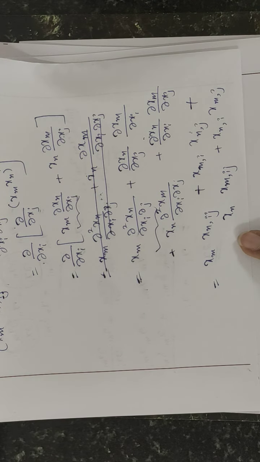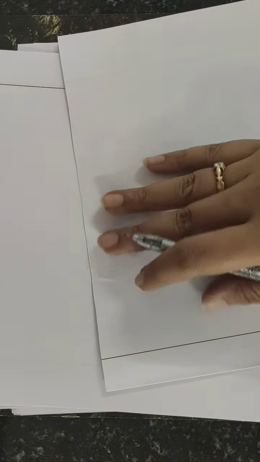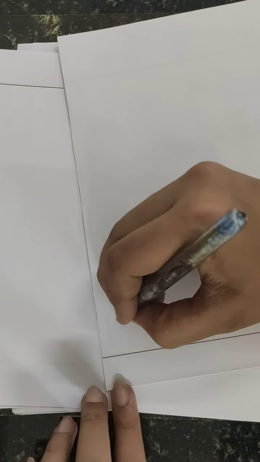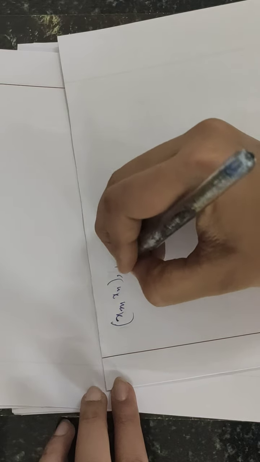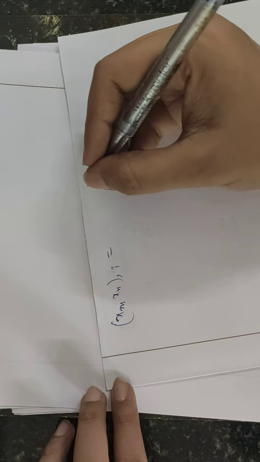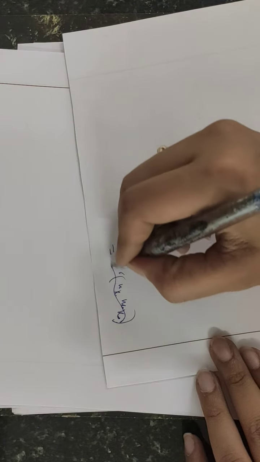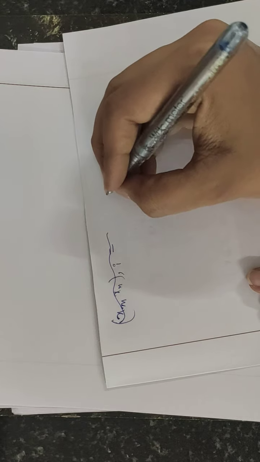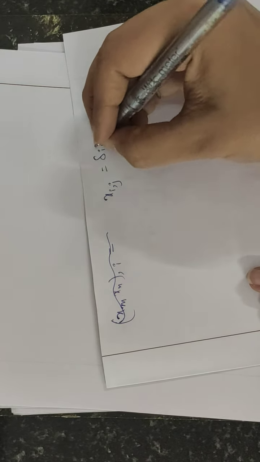Now we have a relation. In the previous session we have seen that we can use the relation xi comma j is equal to delta ij.